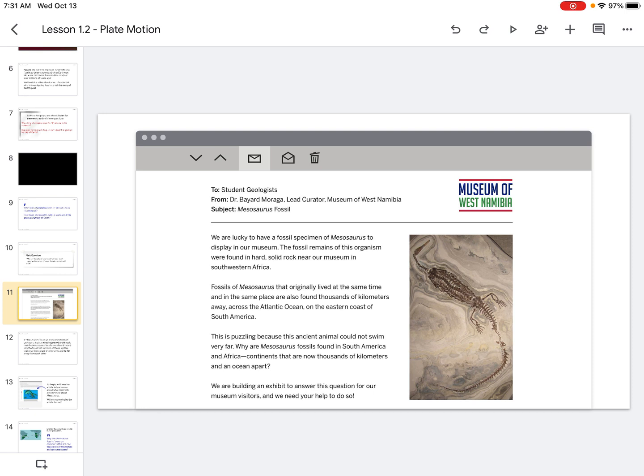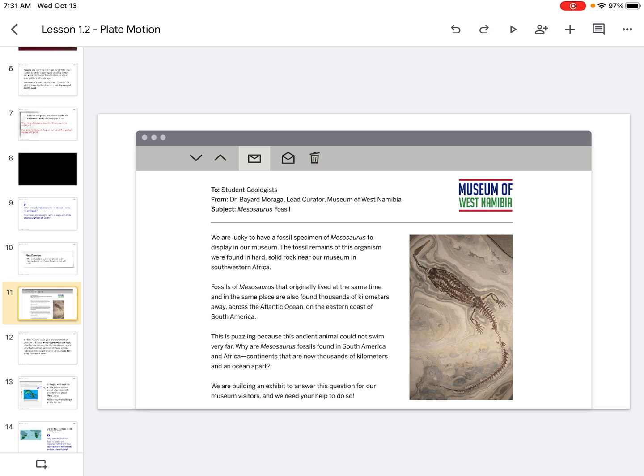So we have this email from Dr. Moraga, and it says, we're lucky to have a fossil specimen of Mesosaurus, and there's a picture of that Mesosaurus fossil. Mesosaurus, by the way, was a real reptile. So they have this fossil to display in their museum. The fossil remains of this organism were found in hard, solid rock near our museum in southwestern Africa.